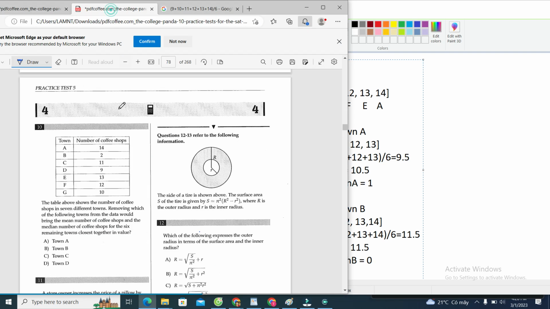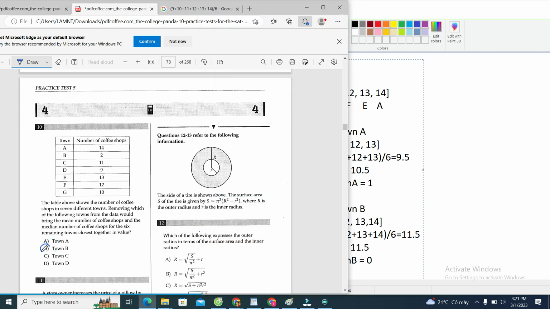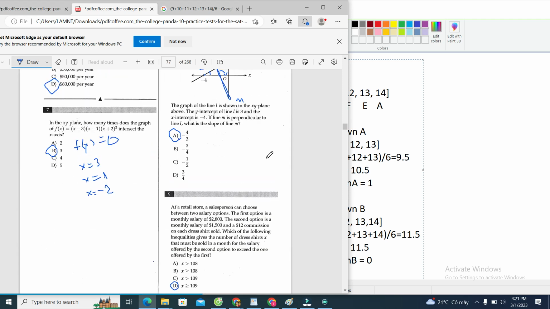So the answer is probably B. It should be B, because the gap is 0, which is as close as possible already. So I think it's B. Okay, so let's check for this question now.